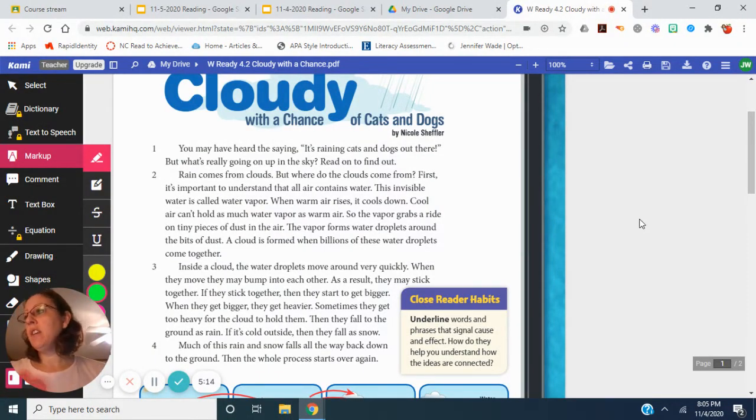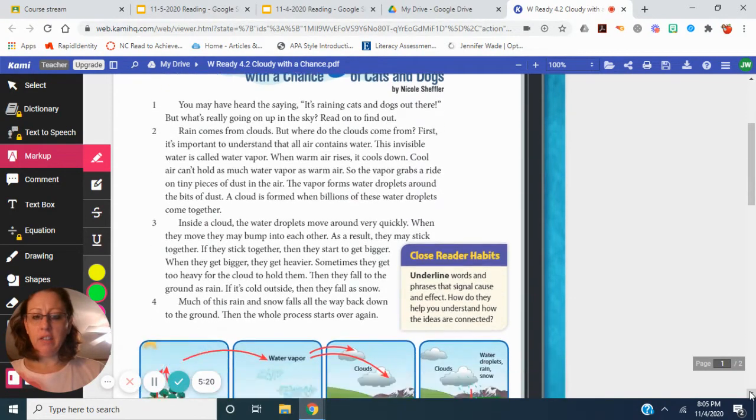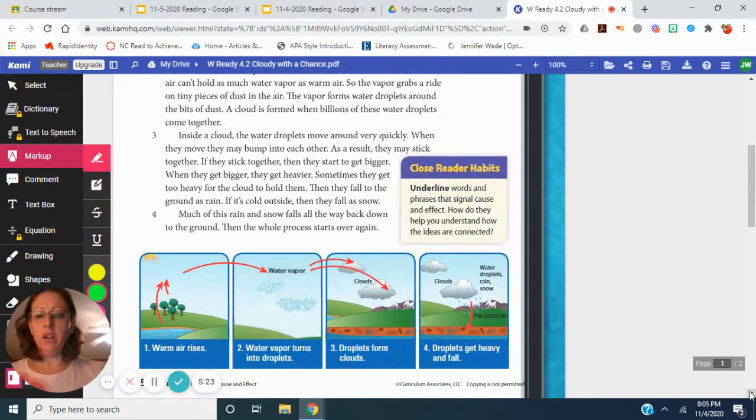Okay, and what is this article mostly about? Based on the words you read and the diagram, what is this article mostly about?